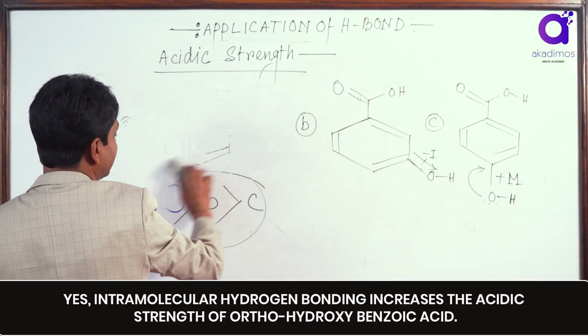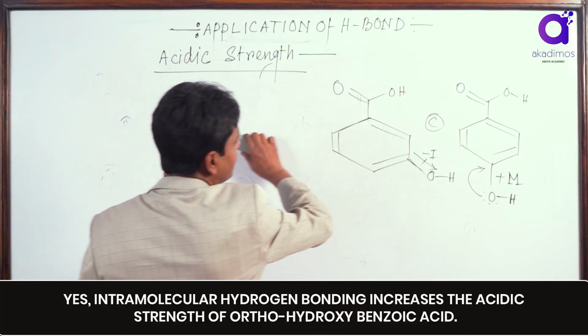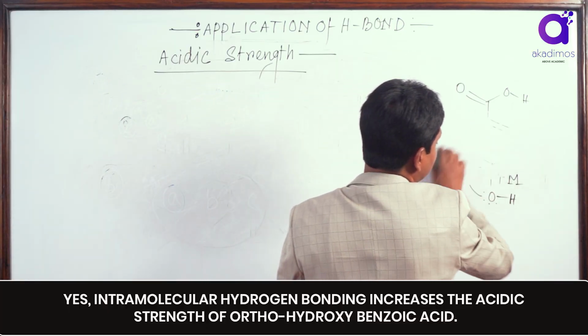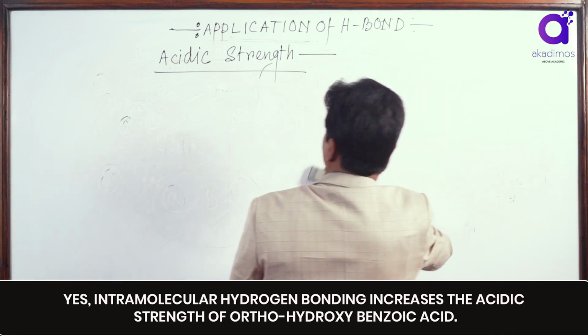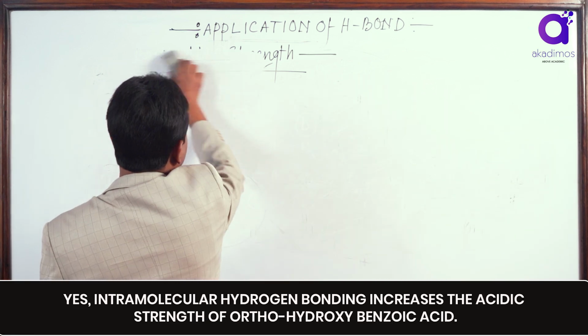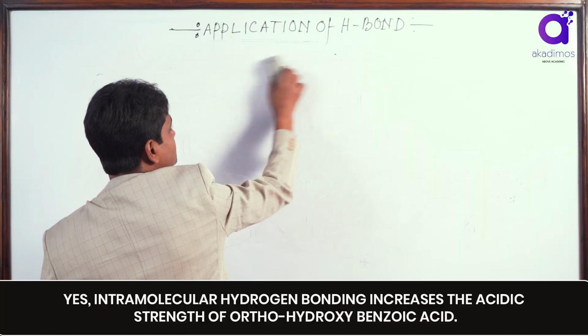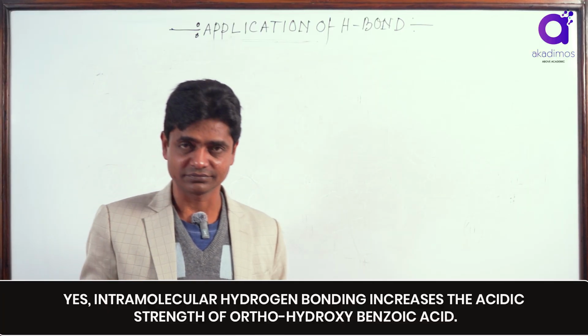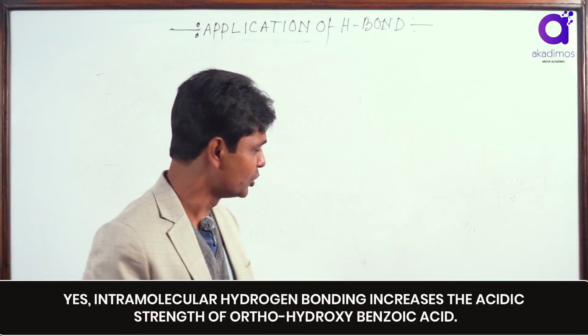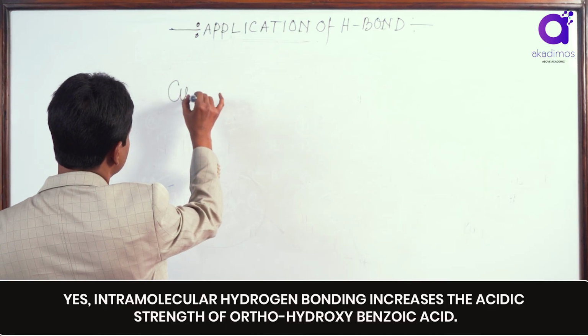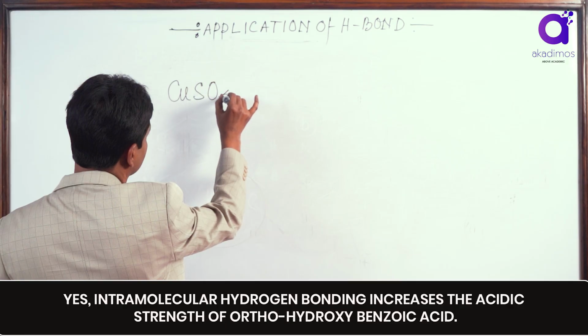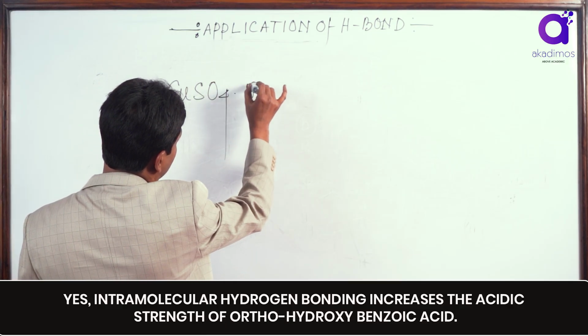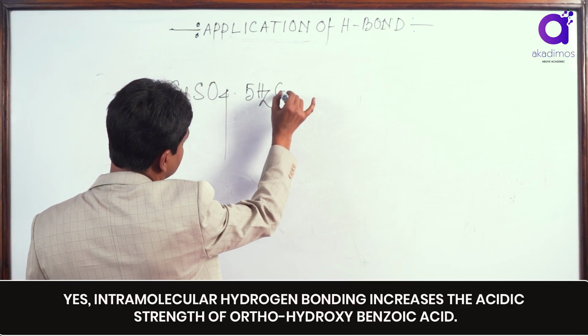Now, another example of hydrogen bond, not acidic strength. I'm going to give another example. You know washing soda, blue vitriol. Blue vitriol, you know, CuSO4 with water of crystallization.